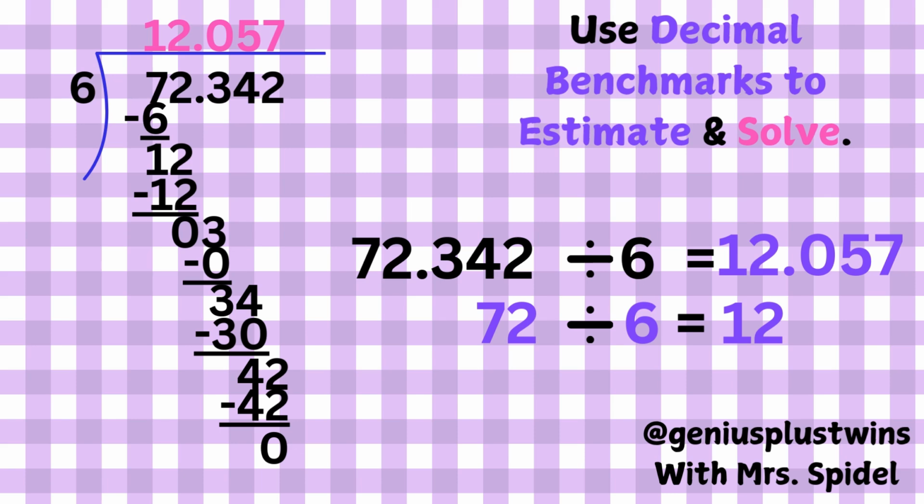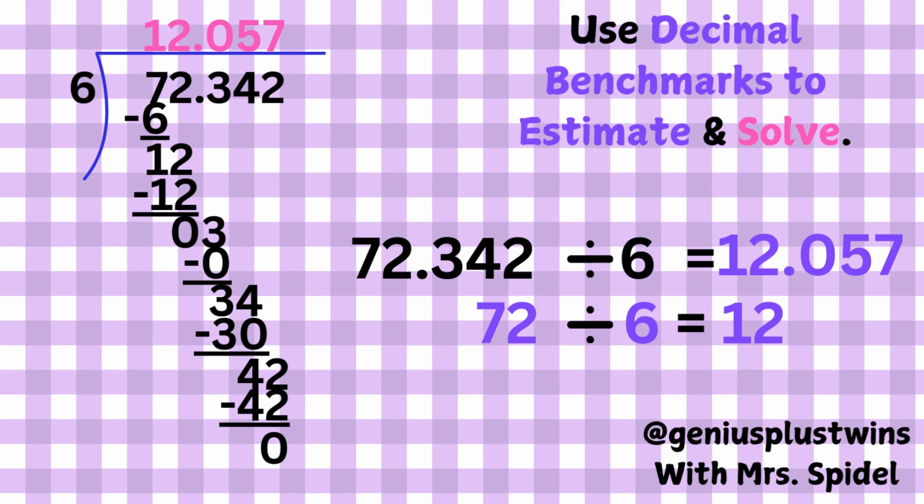This example, I'm using decimal benchmarks to estimate first. When I'm using decimal benchmarks, I want to round to the nearest whole number in this case. So it's very important that I look at the number in the tenths position. The number in the tenths position is a 3. So I am going to round down to the nearest whole number.